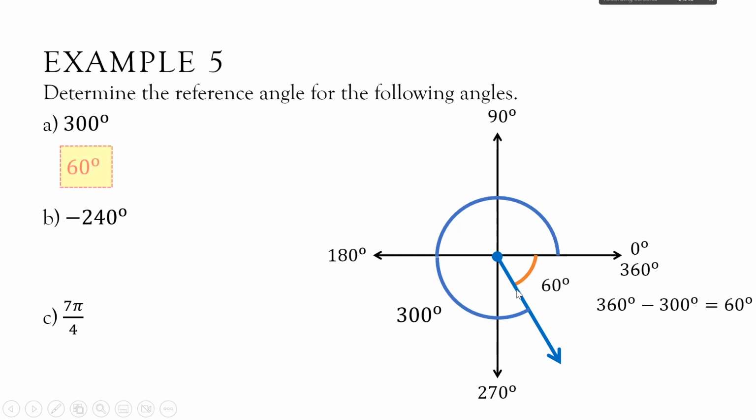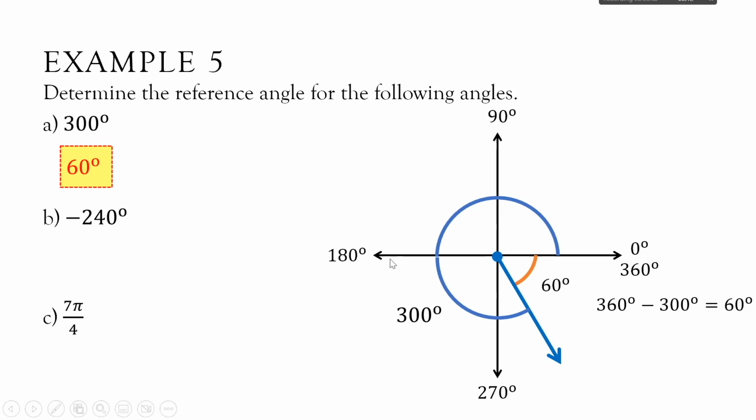So my reference angle for part A is 60 degrees. So I have my reference angle, and again, notice 60 degrees. That looks a little bit familiar from our 30, 60, 90 triangle. And I'm specifically choosing these examples so that they match one of our triangles.